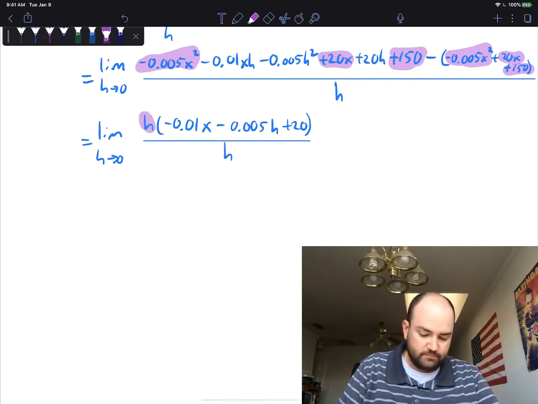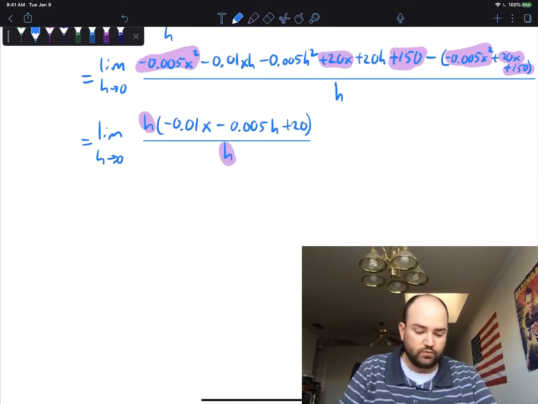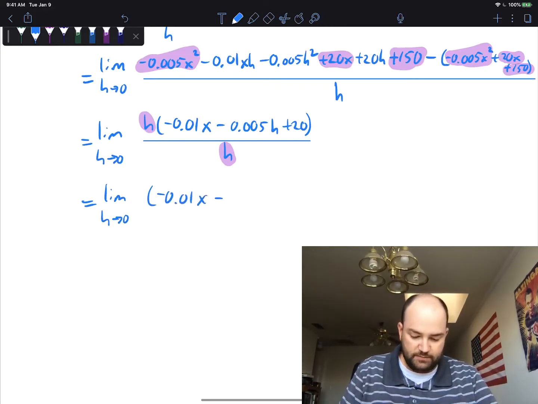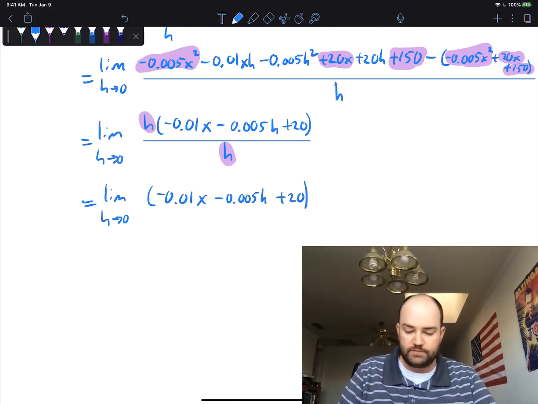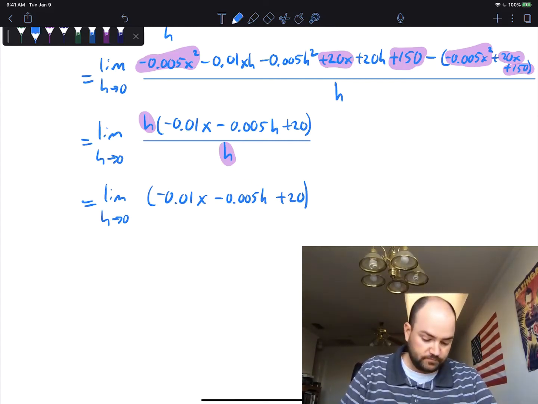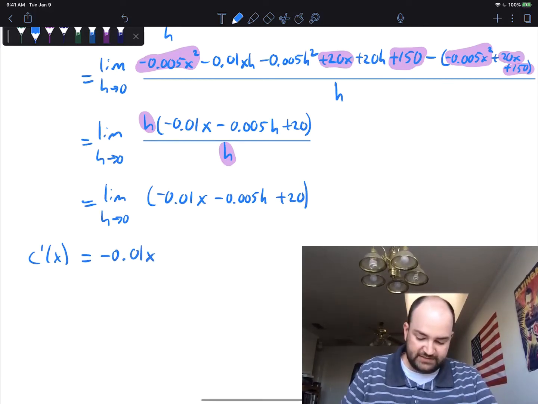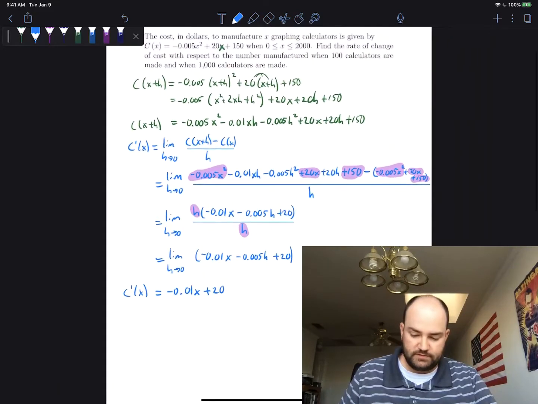Now, notice those two h's cancel. One's in the numerator, one's in the denominator. So we have the limit as h goes to 0 of negative 0.01x minus 0.005h plus 20. And now notice that as h goes to 0, this term goes to 0. We're left with this plus this. So that gives us C prime of x will be negative 0.01x plus 20.